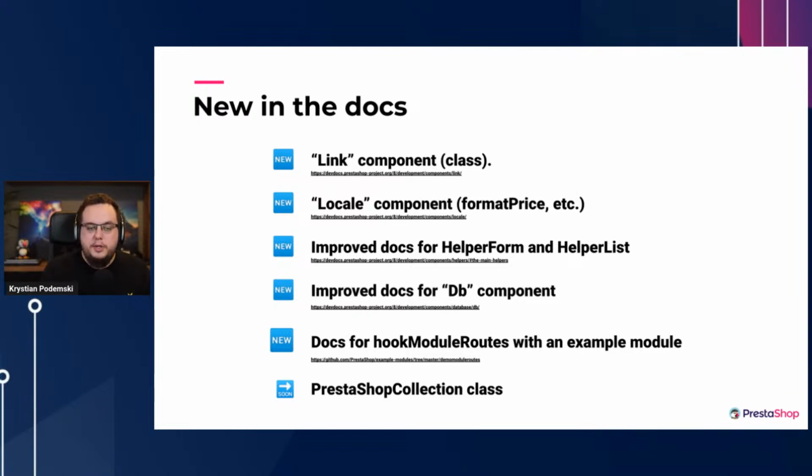So there's a dedicated page on the list of hooks, which provides you with all the necessary information on how to work with the hooks, as well as a fully working example module which uses hook module routes. So you can have a look at the documentation plus an example module that was created especially for this purpose.